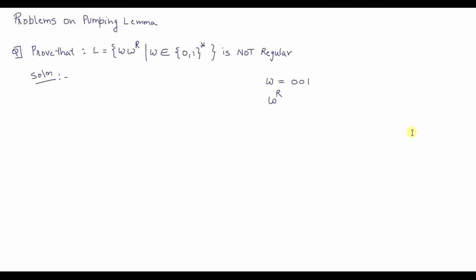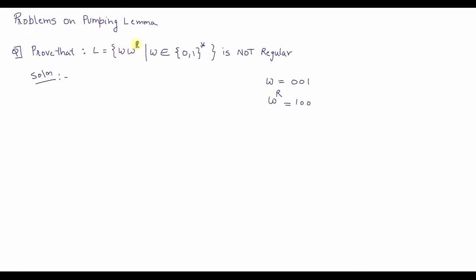Always remember, whenever a string has r as superscript, it means it's the reverse of the string. So if w is given to us as 0 0 1, w raised to r will be the reverse of it, so w raised to r will be 1 0 0. So this is a language where the string is of the type: first w will occur and then w raised to r will occur.